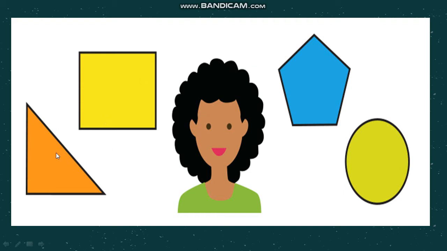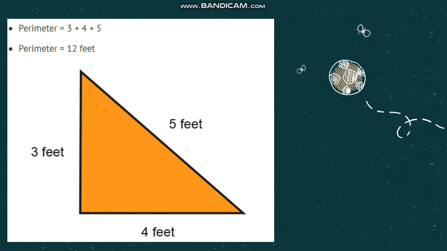This is a triangle, this is a square, this is a pentagon, this is a circle. Now we don't say perimeter of a circle, we use another term for circle.